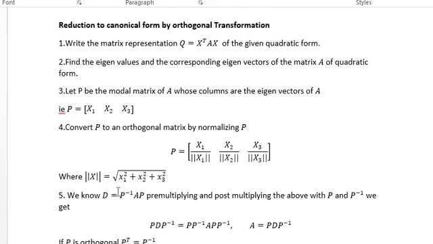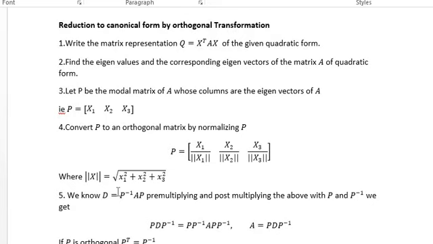Now these eigenvectors will form the modal matrix P, whose columns are the eigenvectors of matrix A. That is, P = [X1, X2, X3], where X1, X2, X3 are the eigenvectors of our matrix A.